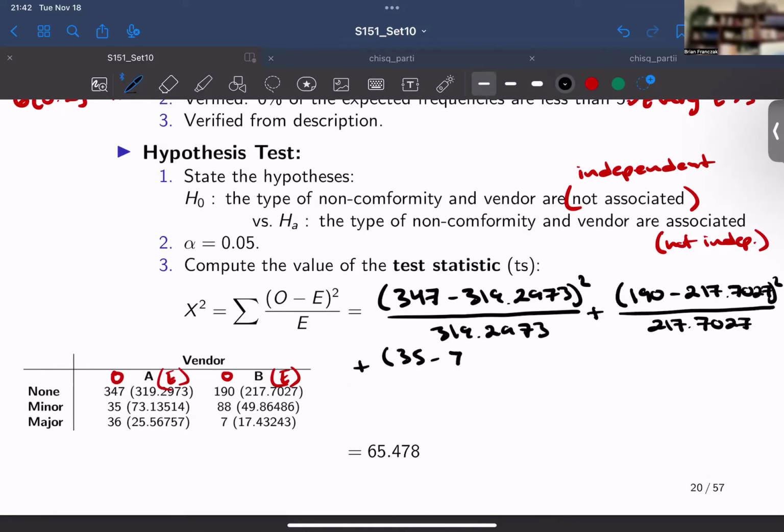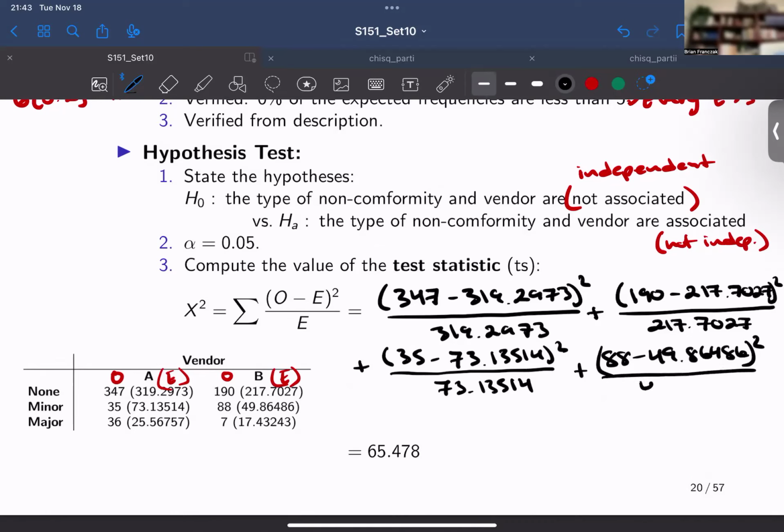35 minus 73.13514 squared divided by 75.13514 plus 88 minus 49.86486 squared divided by 49.86486.